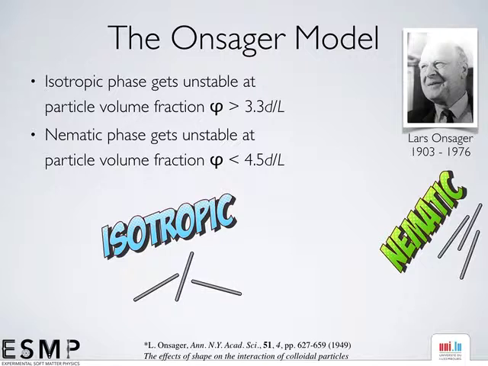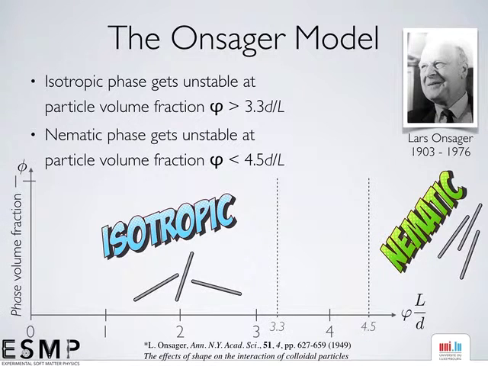You have a lower volume fraction, which is phi equals 3.3 times D over L, where the isotropic phase becomes unstable, and you have a higher volume fraction where the nematic phase, if you go from above, becomes unstable. And what I will be doing quite a bit in this talk is to look at what happens as a function of CNC fraction.